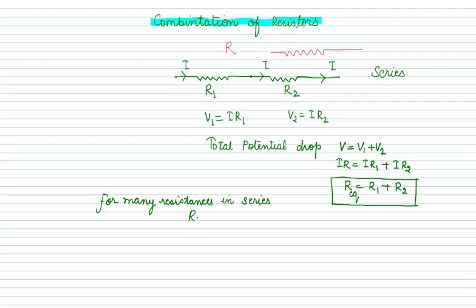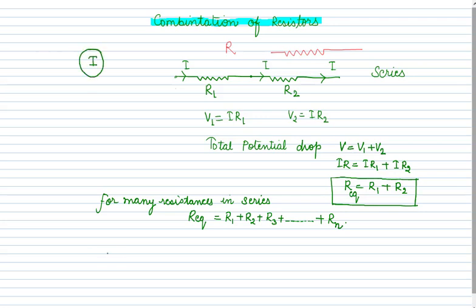R equivalent is equal to R1 plus R2 plus R3 and so on, and this continues up to, say, n number of resistance we are having. So this continues up to Rn. So whatever is the number of resistance, simply add them up and get the equivalent resistor of that system. So that was the first type of combination we have done, and we are calling it a series combination.